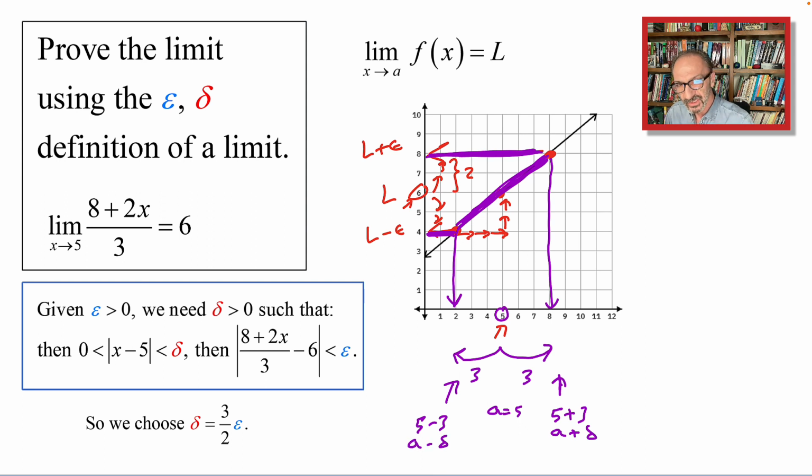Now there is even more than that. So if I try to see what's happening, if I take half of the interval on top, which is from 4 to 8, from L minus epsilon to L plus epsilon, if I just take 2 units, the reason why I'm doing this is because I want to show you the right triangle and the slope.